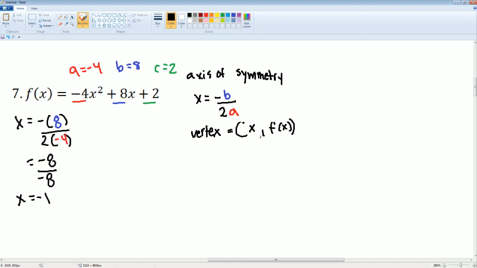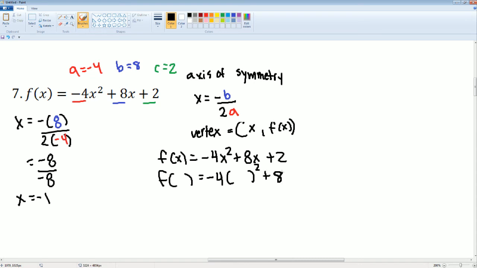So now we want to find the vertex form, right? So let's write f of x is equal to, that's what f of x is for this problem, negative 4x squared plus 8x plus 2. Wherever I see x, I don't know, so I put just the parentheses, right?